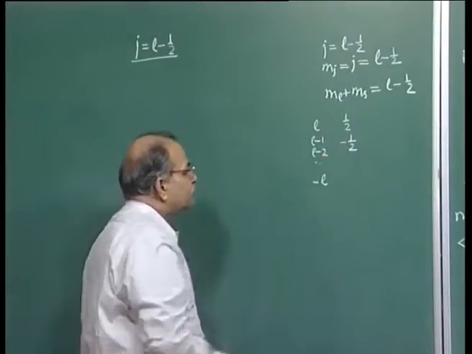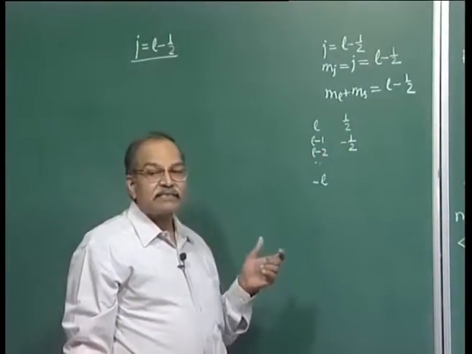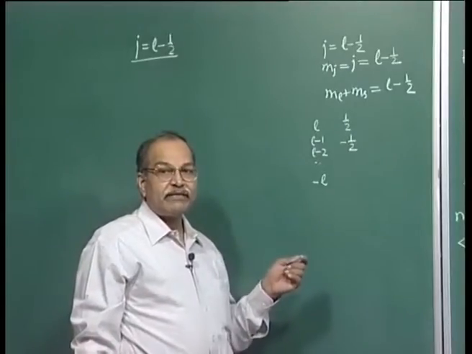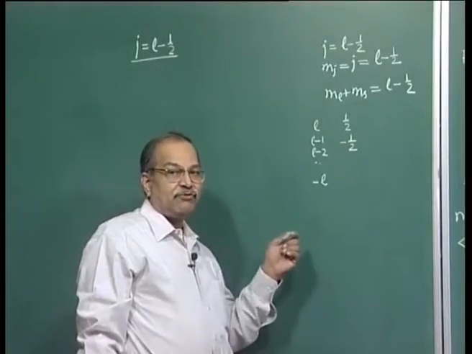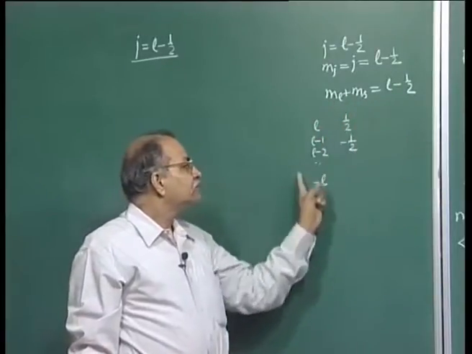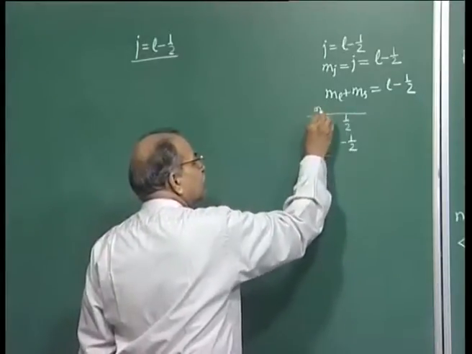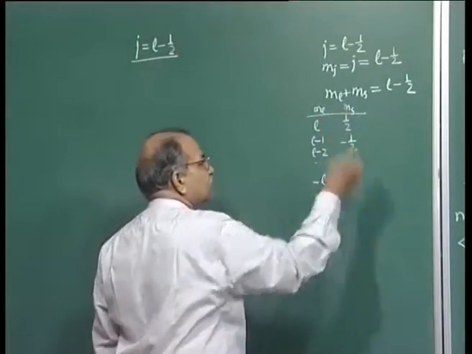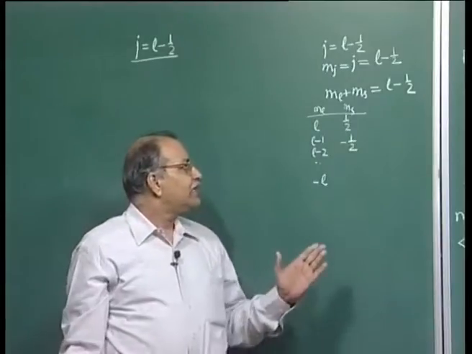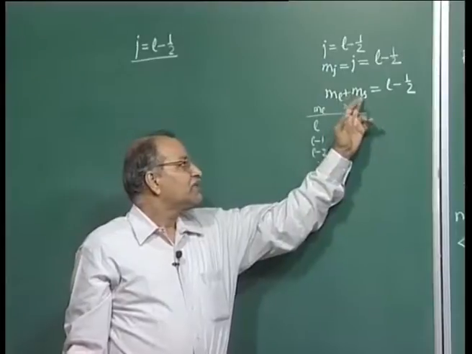Now, look at this table and tell me what are the possible sets of m l and m s which give you m l plus m s equal to L minus half. These are the values of m l and these are the possible values of m s. So, what should I take for m l and what should I take for m s, so that m l plus m s is L minus half?